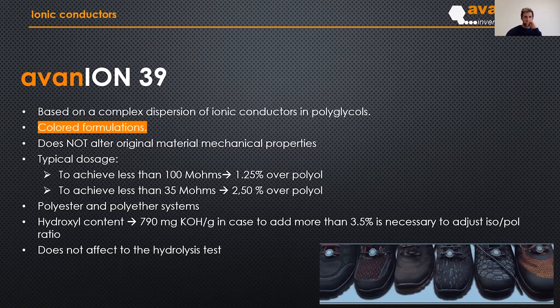The standard safety shoes on the market are produced with polyurethane. To get some conductivity in this kind of solution, we have another material, Avanzare 39, that at 1 or 2% over polyol, you can reach conductivities in the range of 10 to 60 megaohms without problems.